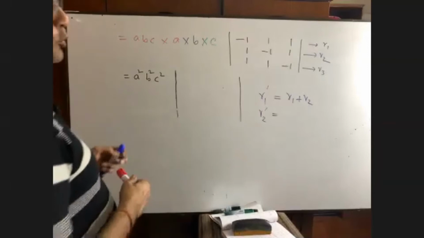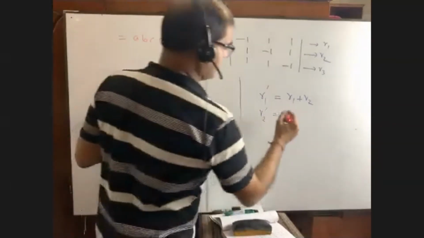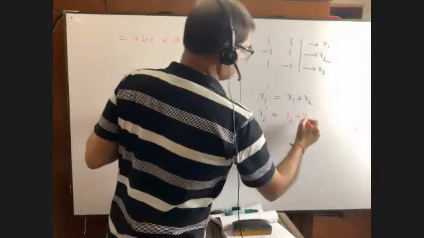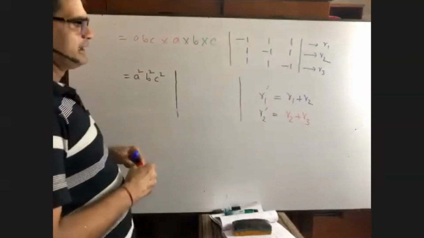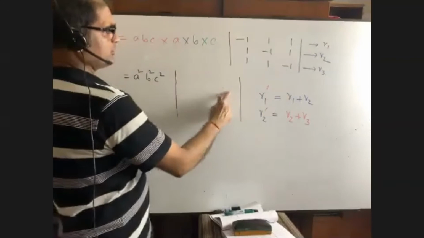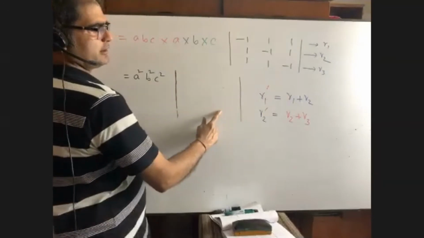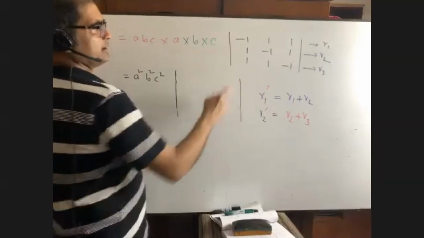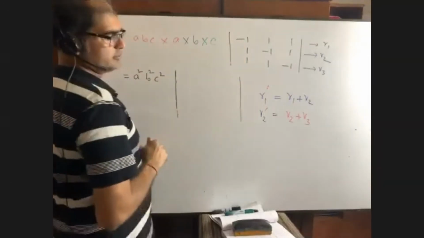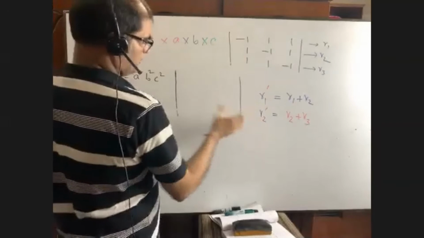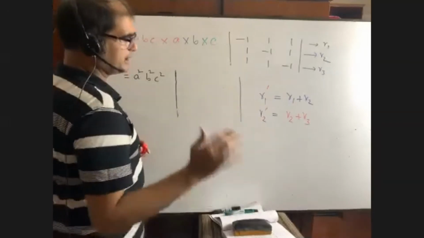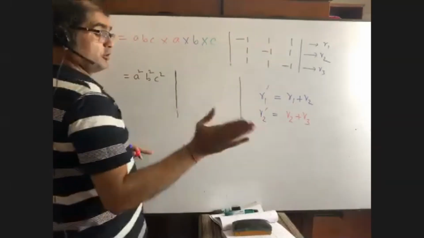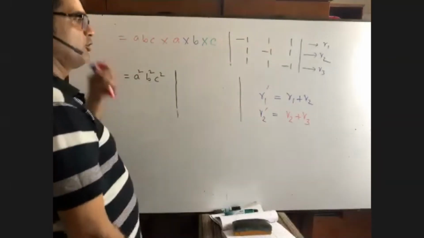New row 2 will be obtained by adding old row 2 plus old row 3. Now we'll get another 3 rows, right? First row will be obtained by adding this row and this row. Second row of the new determinant will be obtained by adding second row and third row of the old determinant. Okay, you see what I'm going to do.